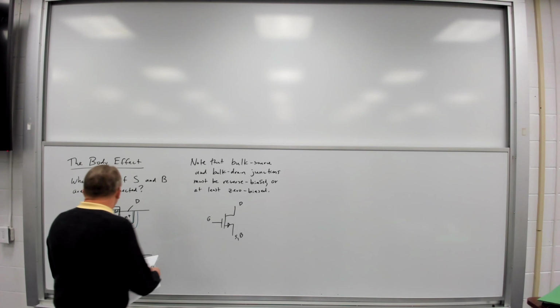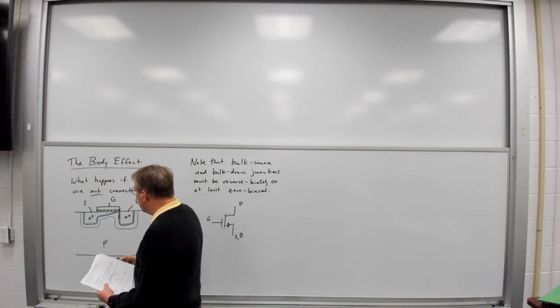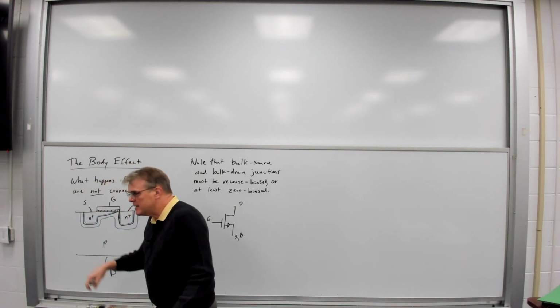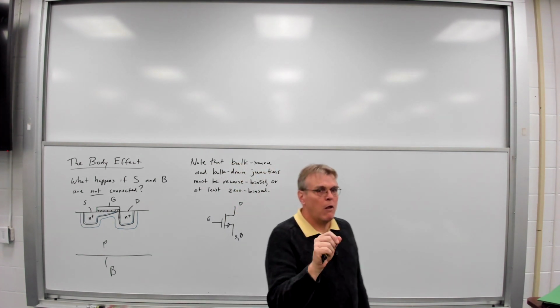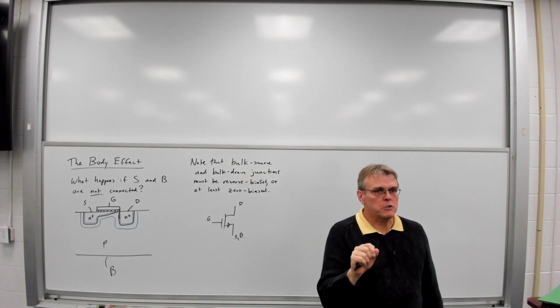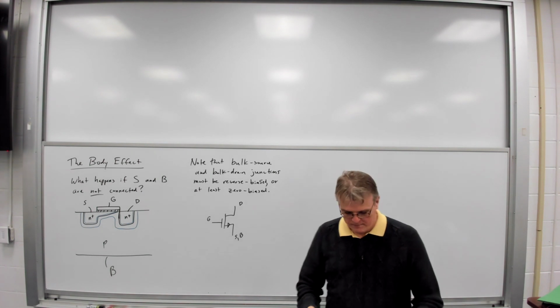However, it is possible for the source and the bulk to be at different potentials so long as the source-bulk junction remains reverse biased.